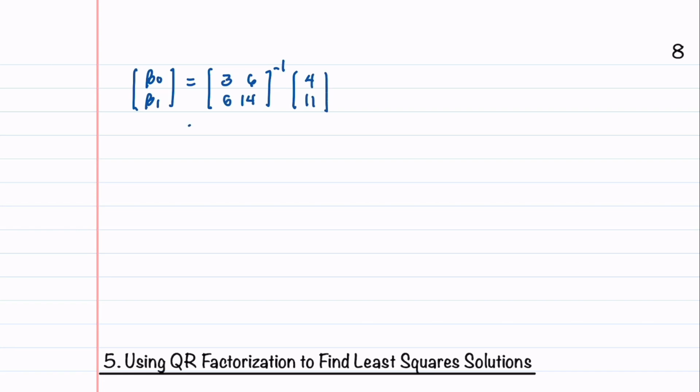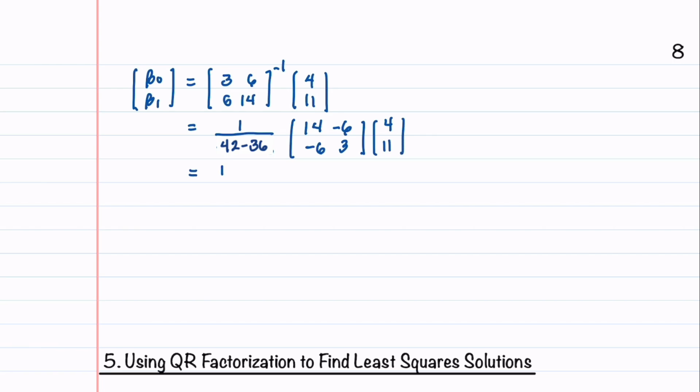The inverse of our matrix is going to be equal to 1 divided by 42 minus 36. That's the main diagonal multiplied minus the off diagonal. And then in our matrix, our main diagonal entries switch, and then our off diagonal entries get a negative. And then we multiply that by vector 4, 11.